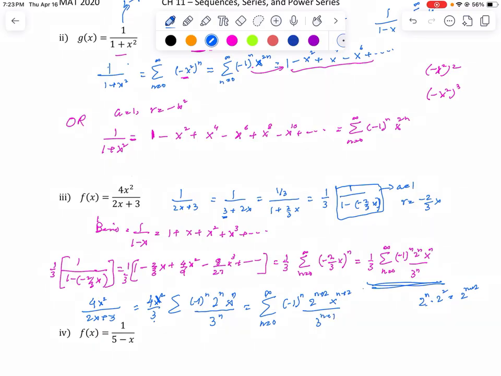So this is the power series for 4x squared over 2x plus 3.